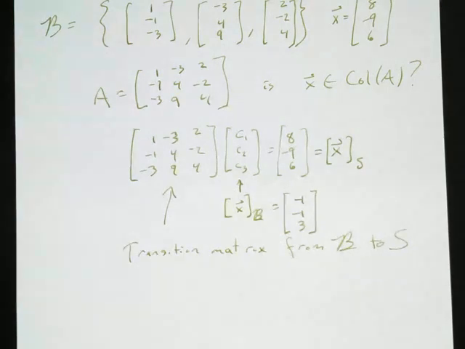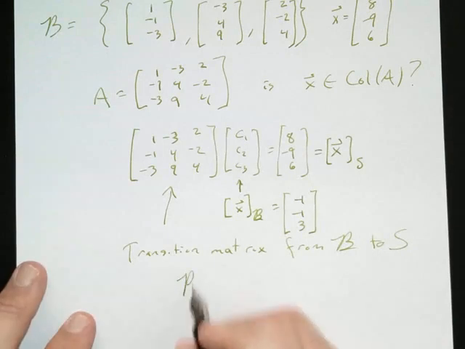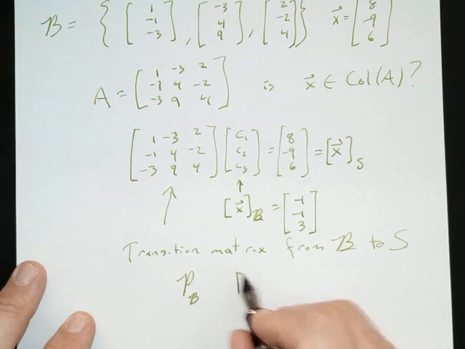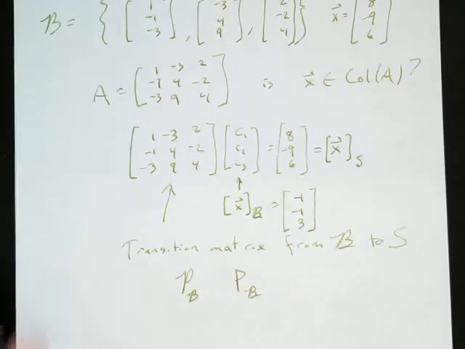Now, the textbook writes P with a subscript B. Sometimes they write it as a script P, sometimes as a print P. I'm going to mess with myself regularly and screw this up. I'm not sure I like that notation.